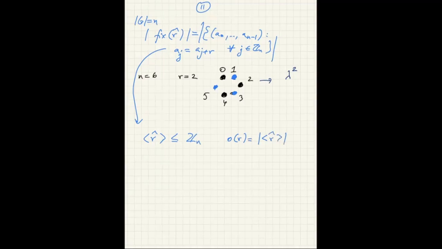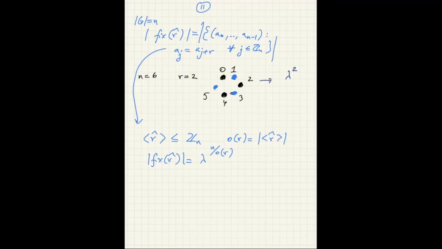The order of r is going to give us the following fact: the cardinality of fix of r is going to be lambda to the n divided by the order of r.